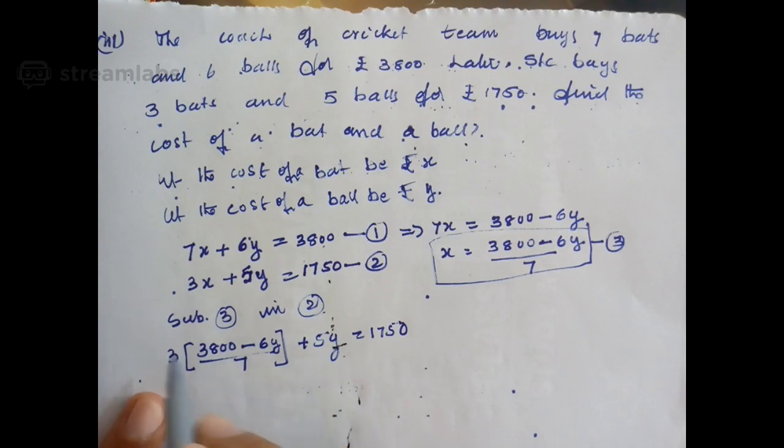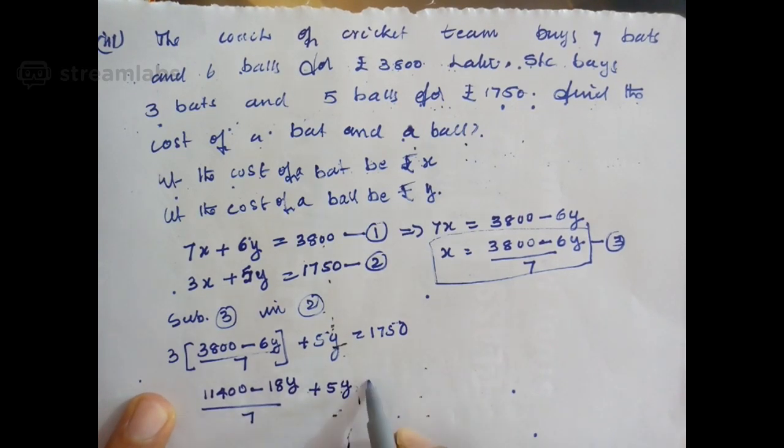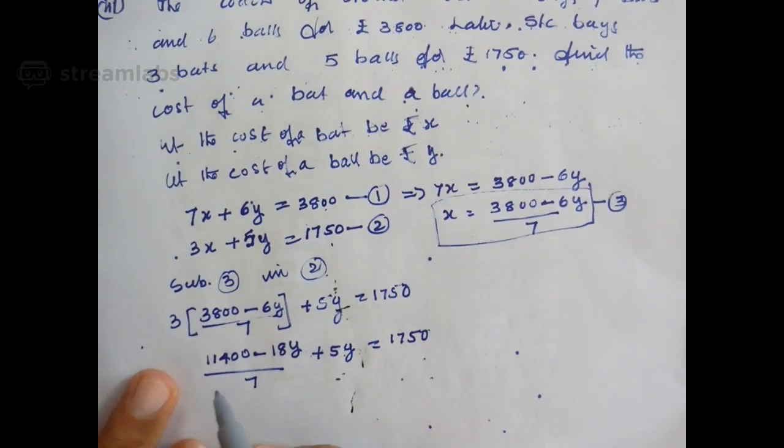Then multiply 3 inside. 3 into 3800 is 11,400, minus 3 sixes are 18y, by 7, plus 5y is 1750. Now take the LCM. What is the LCM here? 7. So (11,400 minus 18y plus 35y) by 7 is 1750.